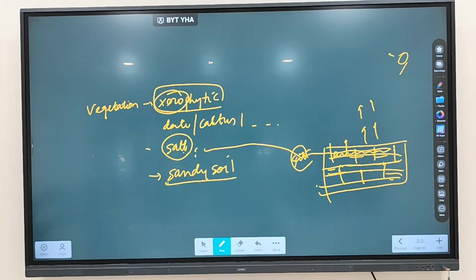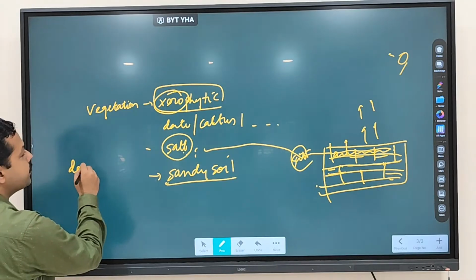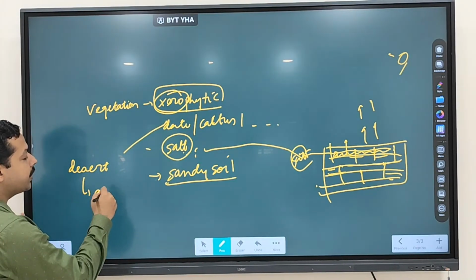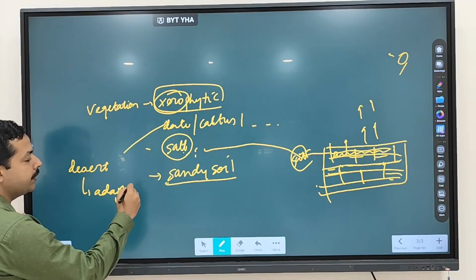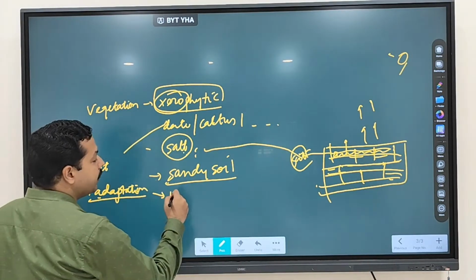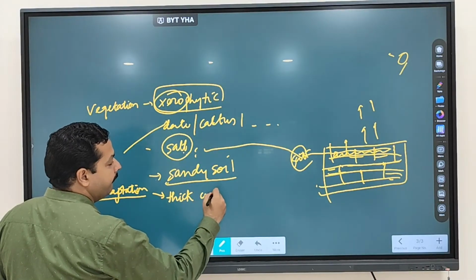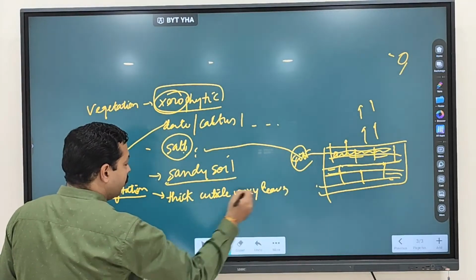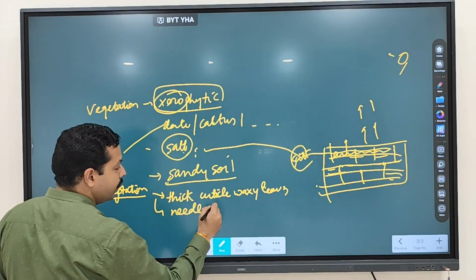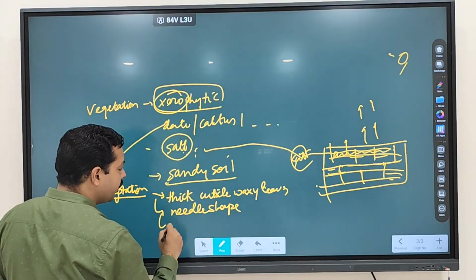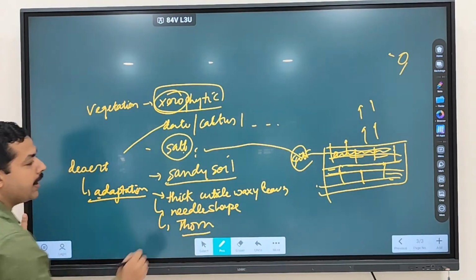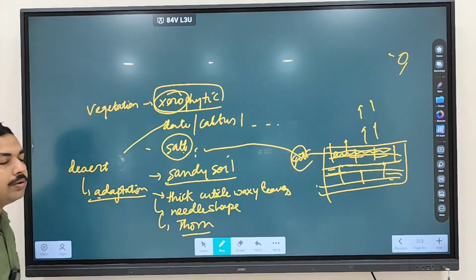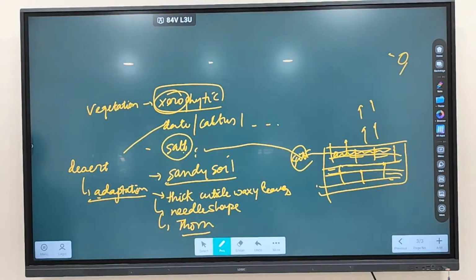Clear? So how are these plants, like date and cactus, surviving in the desert region? Through certain adaptation mechanisms. What is the adaptation mechanism? Either they have a thick cuticle or waxy leaves, or needle-shaped leaves, or they don't have leaves at all and thorns are there.